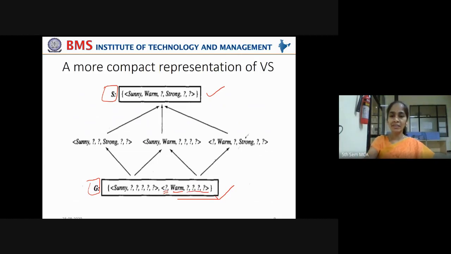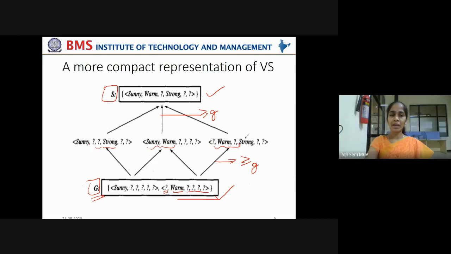Now you can see these arrows. These arrows represent the more-general-than-or-equal-to notation. These arrows indicate that this G is more general than any of these hypotheses given.